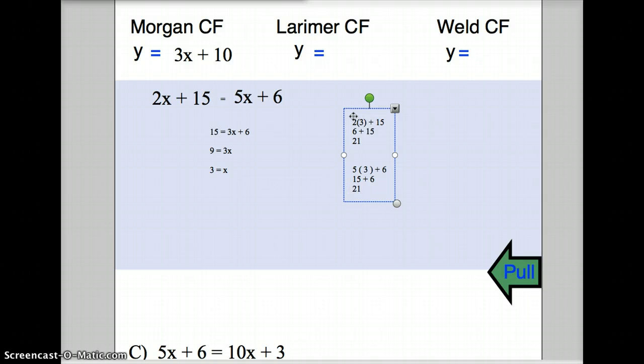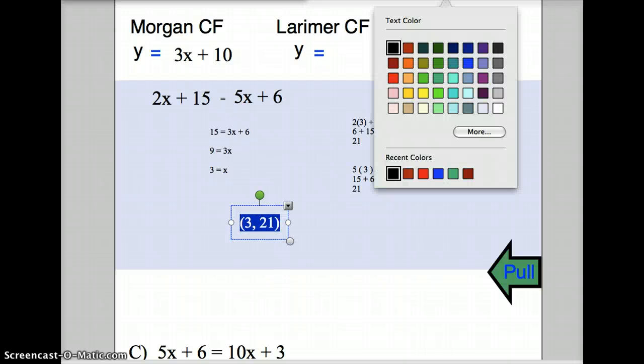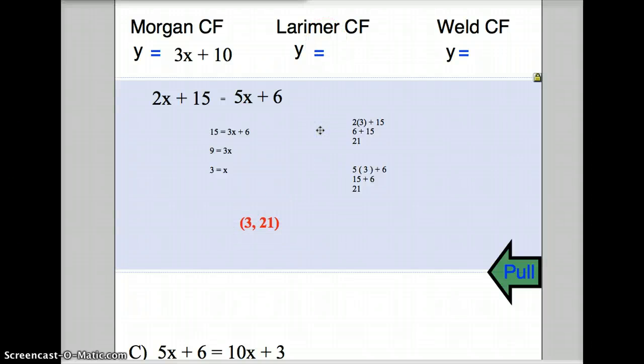Hey, for both of them, y equals 21. So our coordinate point would be 3, 21, or our point of intersection would be (3, 21). And if you remember correctly, you guys, this is exactly where it came out on the graph yesterday. So we'll put that in some nice bold letters there. Boom. There you go. That is what your answer should have been.